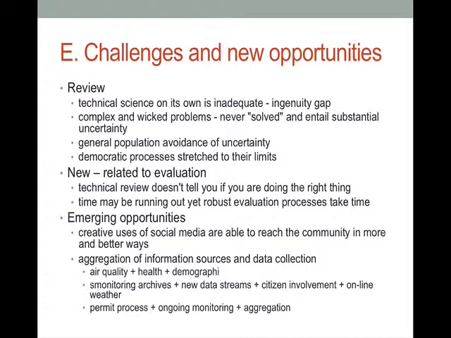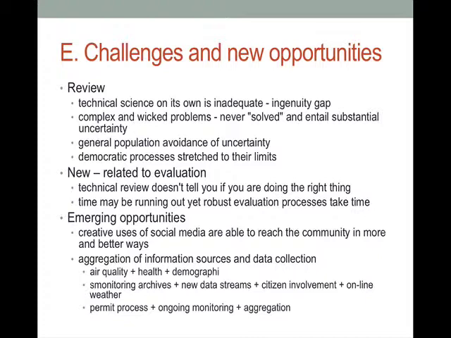And one of those ways is by the aggregation of information sources and data collection. So we've seen that before, where air quality, health, and demographics were combined to show that certain areas of the city were unhealthy. We have monitoring archives, new data streams, increased citizen involvement, and this is related to, say, online weather predictions, so that people can look at, in real time, what's happening and the impact of their projects.